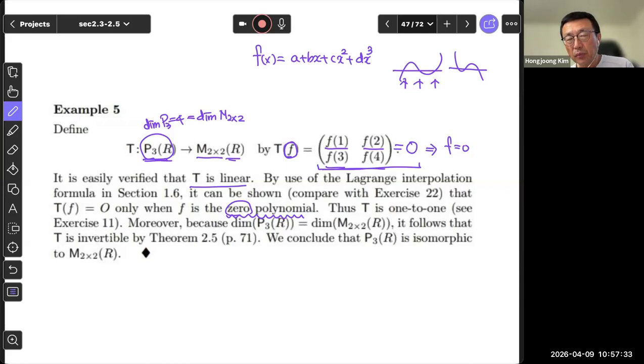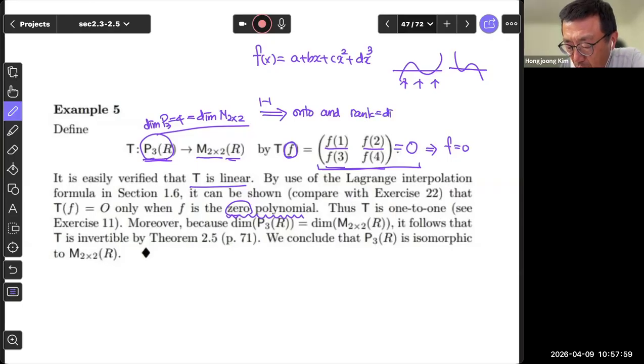The dimensions of these two spaces are the same, and the mapping is 1 to 1. So we can derive that the mapping is onto and the rank and the dimension of the domain P3 are the same.